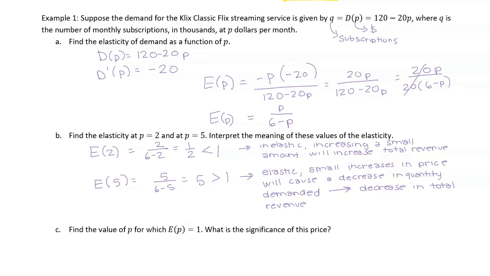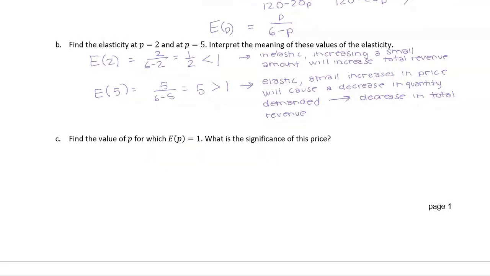All right, the next question says to find the value of P for which E of P equals 1, and then we want the significance of this price. So I'm just going to set my E of P equation equal to 1.